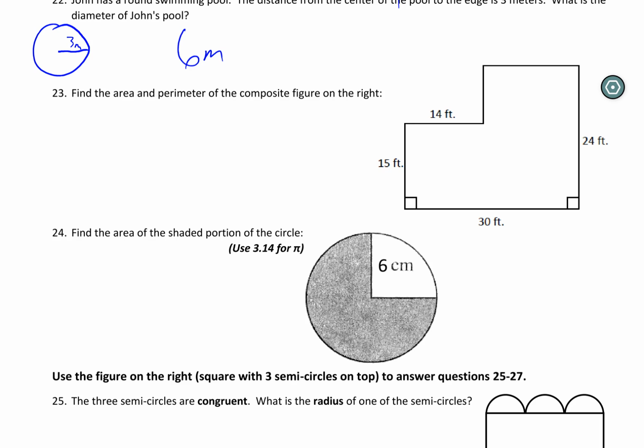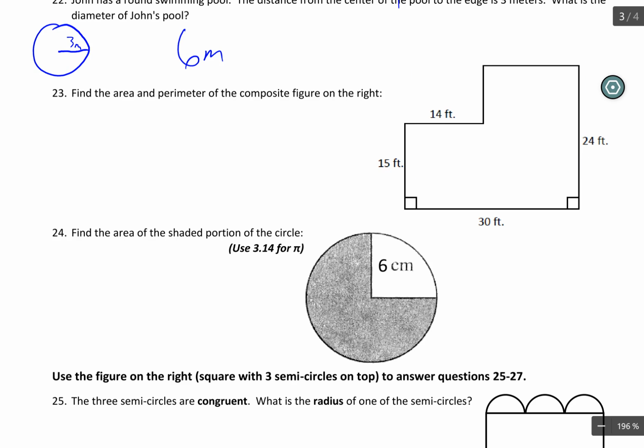Question 23, find the area and perimeter of the composite figure on the right. So in order to do that, for perimeter, we're definitely going to need to find all of the missing sides. So if over here is 24, then this would be 24, except for I've got a chunk of it missing out.